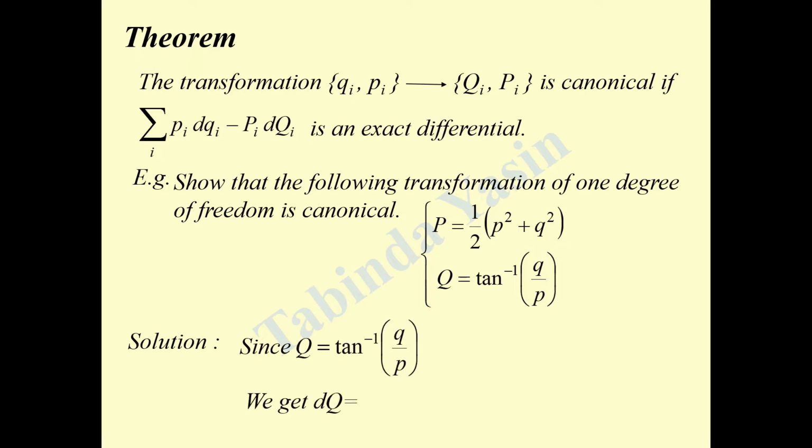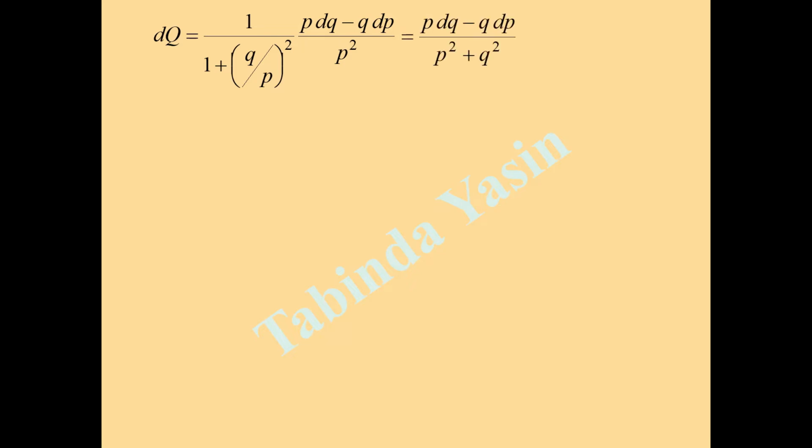Since capital Q is tan inverse of small q over p, after differentiating we get dQ equal to 1 over 1 plus q over p whole square into (p dq minus q dp) over p square. That becomes (p dq minus q dp) divided by (p square plus q square) after taking the LCM.